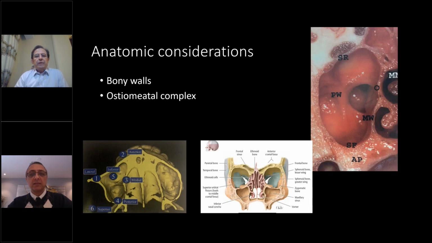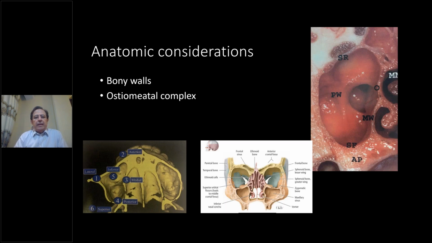For a good understanding of sinus augmentation, we must know the anatomy of the maxillary sinus. Two important factors are here. The first one is the bony walls. It's a pyramidal architecture.